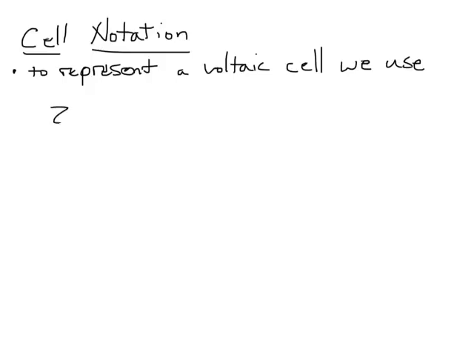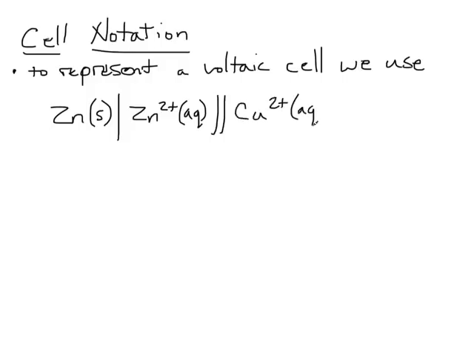So we would write Zn, and this is our solid. Draw a vertical line. Then Zn2+, that's an aqueous solution. Two vertical lines. Then our copper ions, vertical line, and then copper solid. This would be our cell notation.